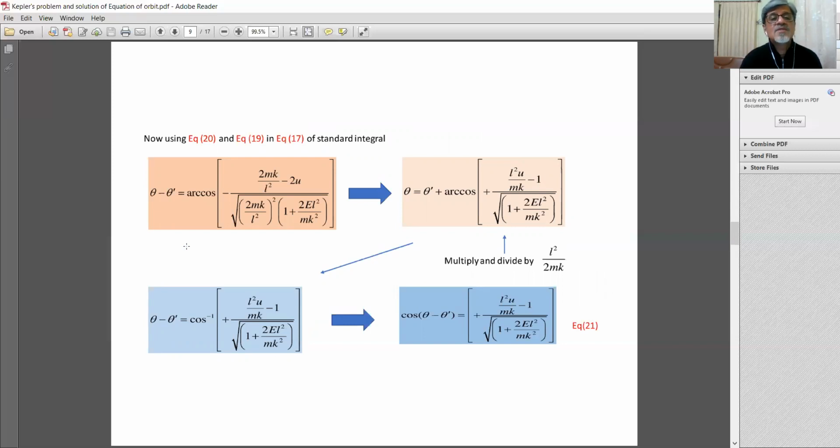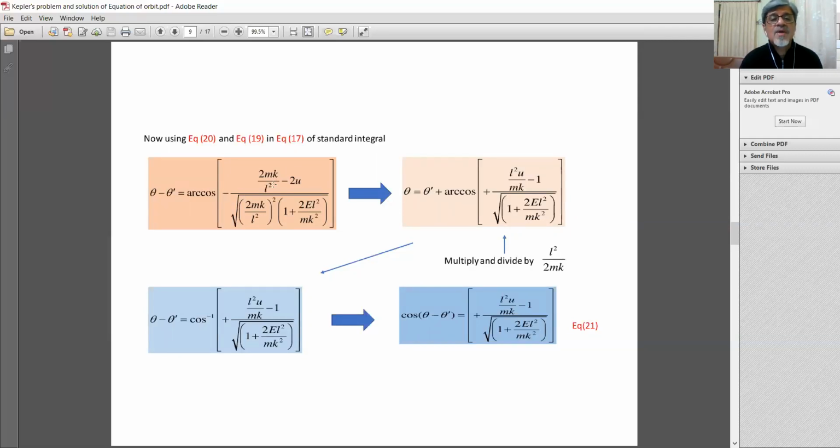Right hand side is a big integral, and that is evaluated by using a standard mathematical equation. So that is represented as arc cos, and numerator and denominator is q square. And again, we are simplifying that theta prime is taken on the right hand side. So theta is equal to theta prime plus arc cos, and in this particular equation, we have just multiplied and divided by L square divided by 2mk.